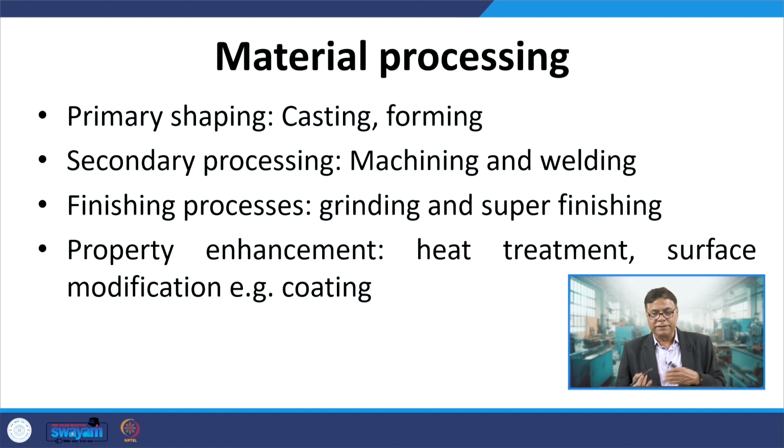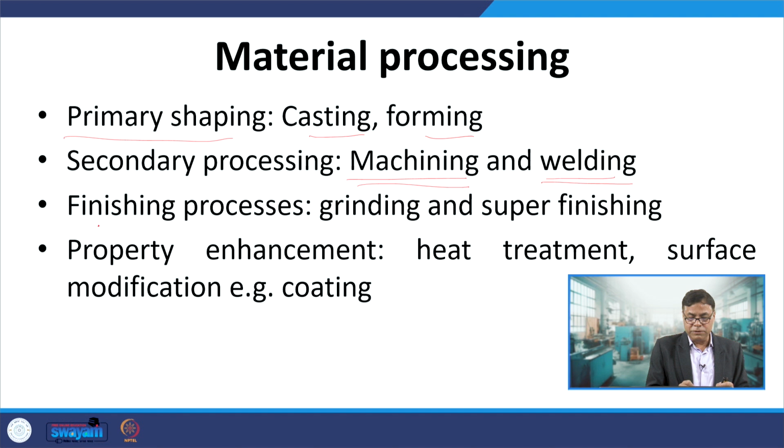Then this is another way of looking at it, where in primary shaping, the general shape is achieved in material processing through casting and forming. Then secondary processing is used for achieving the desired dimensional accuracy and tolerance, or achieving very large and complex shape products.